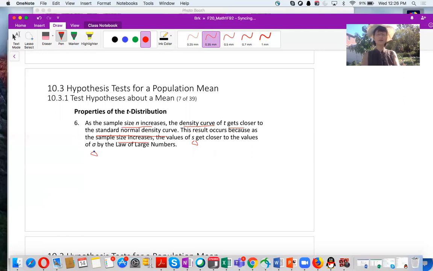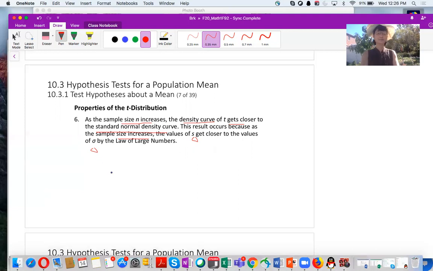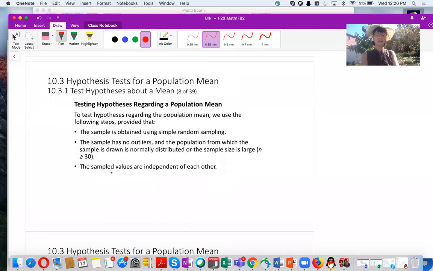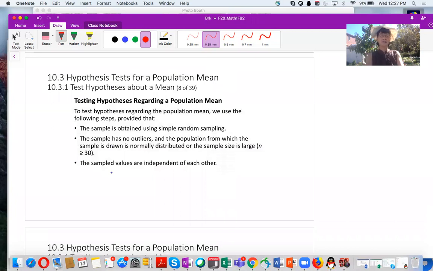This is because of the law of large numbers. So those are the properties of the student distribution, or t distribution.